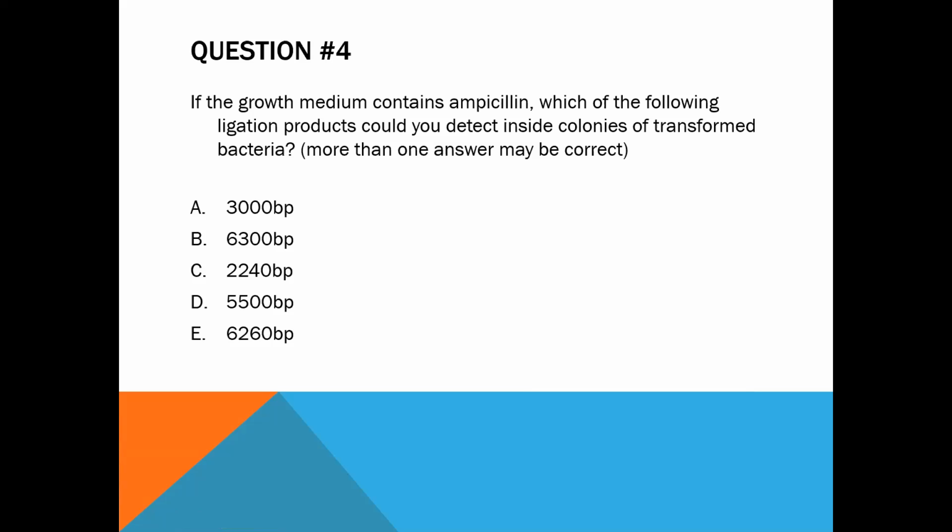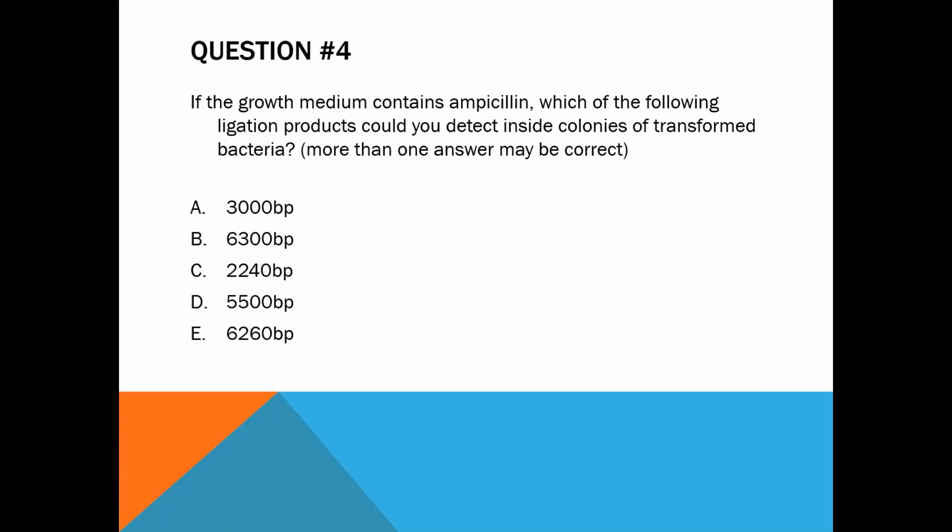If the growth medium contains ampicillin, which of the following ligation products could you detect inside the colonies of transformed bacteria? More than one answer may be correct. So the important thing here is that the ampicillin resistance gene is on that 5460 base pair piece.